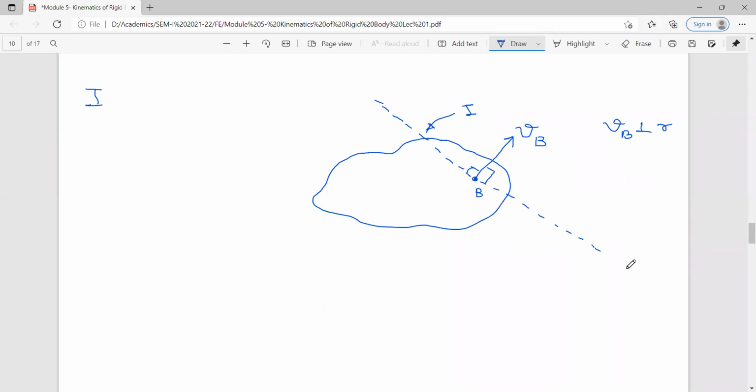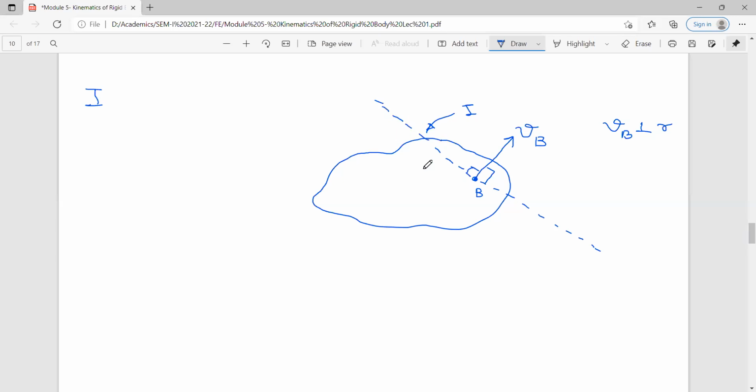So the ICR may be here or on this side. So you will say that the information given is insufficient. With this much information, we cannot exactly locate the ICR. Though we know that it will be on this line, the information is still incomplete.